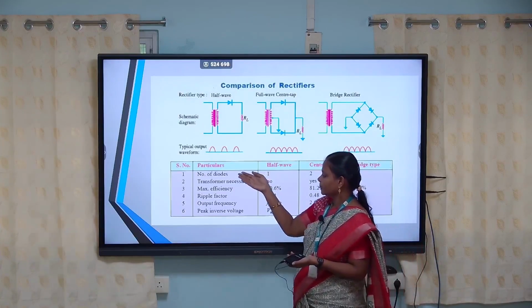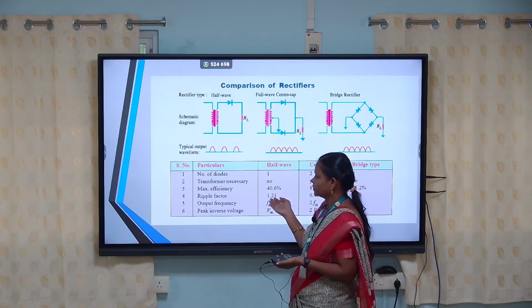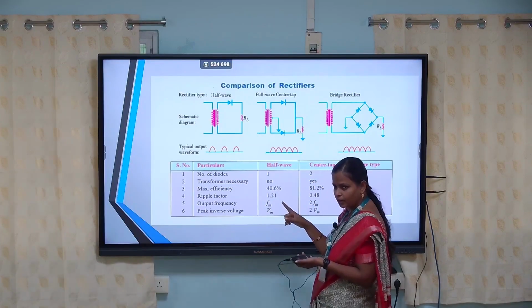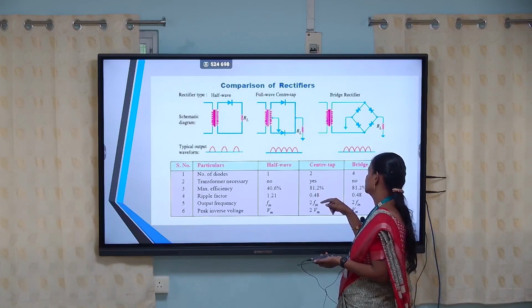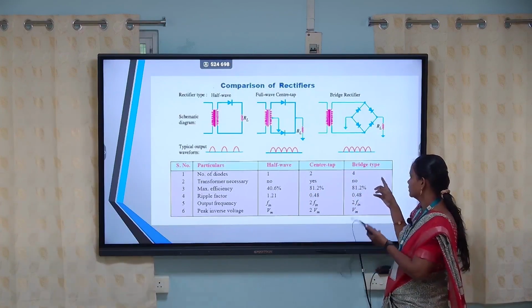Coming to the other particulars of all the 3 rectifiers, first is the number of diodes. We require only 1 diode in the case of the half wave rectifier, whereas we need 2 diodes in the case of center tap. Also we need 4 diodes in the case of the bridge type rectifier.